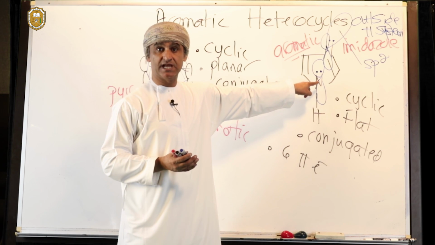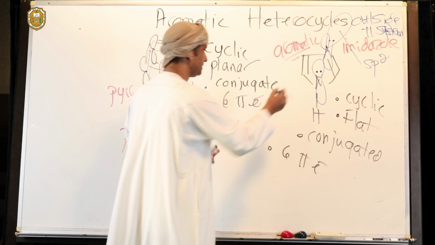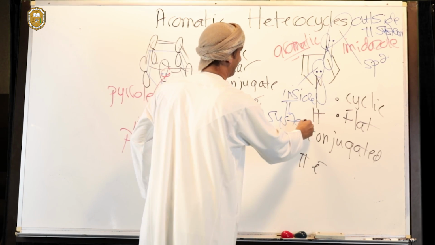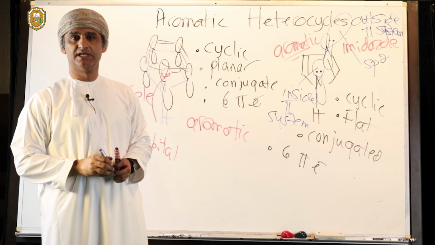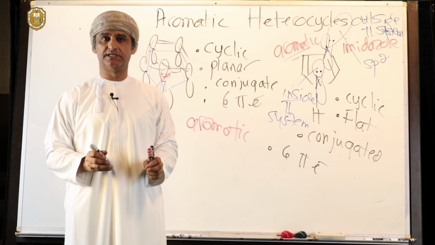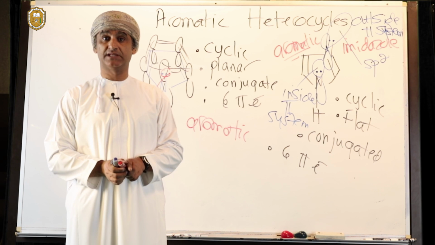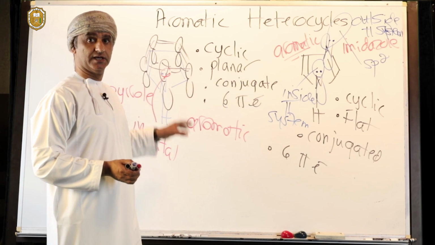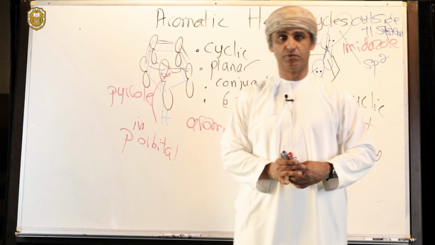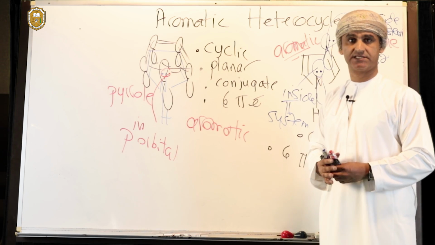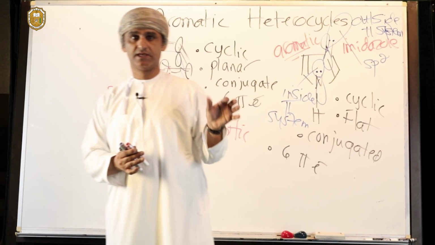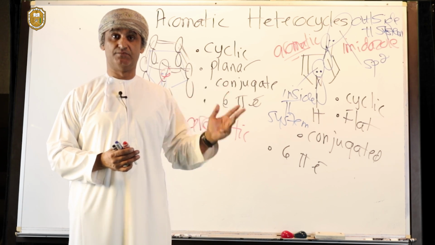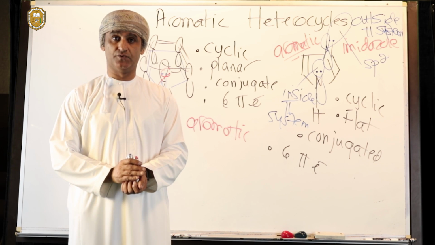Remember, the lone pair on this nitrogen is inside the pi system, whereas the lone pair on the imine nitrogen is outside. In summary, imidazole is an aromatic 5-membered heterocycle, just like the typical 5-membered heterocycle, pyrrole. Both obey aromaticity rules. They are both cyclic, both conjugated, both flat, and both obey the Huckel rule, which is 4n plus 2.